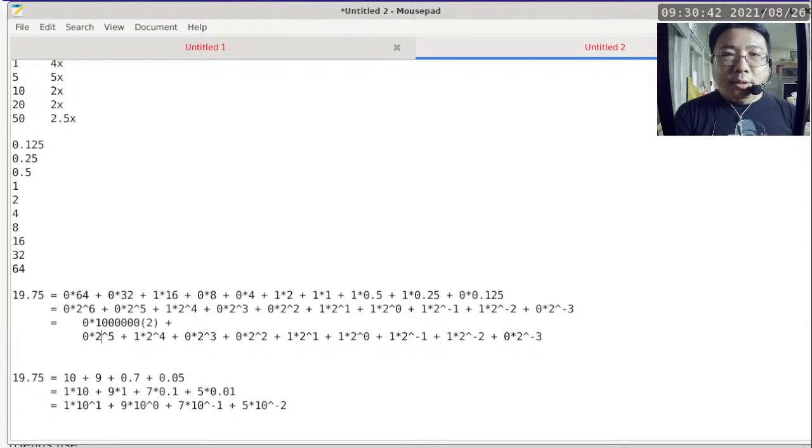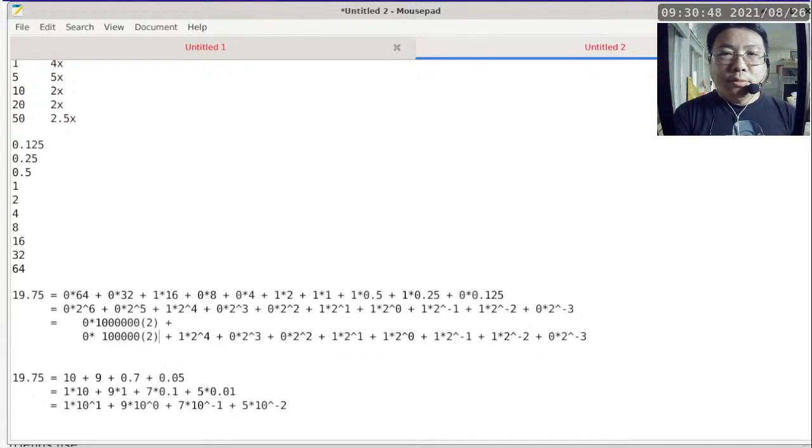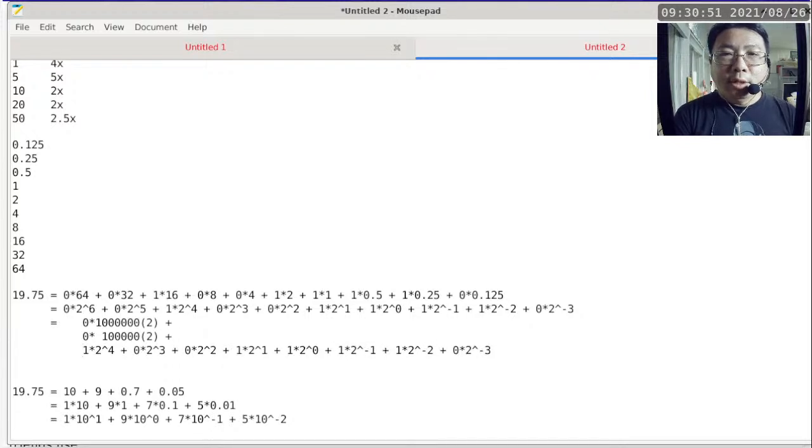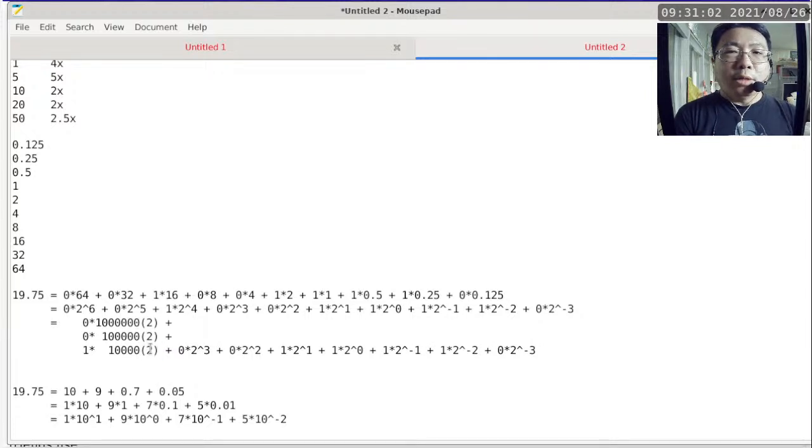So now this is 2 to the power of 5, which is 1 followed by 5 zeros in base 2. And now we have 1 times 2 to the power 4, which is 1 followed by 4 zeros in base 2. So the base determines what value we use as the base for the power, and then the number of zeros after a particular digit tells us what power we are dealing with.